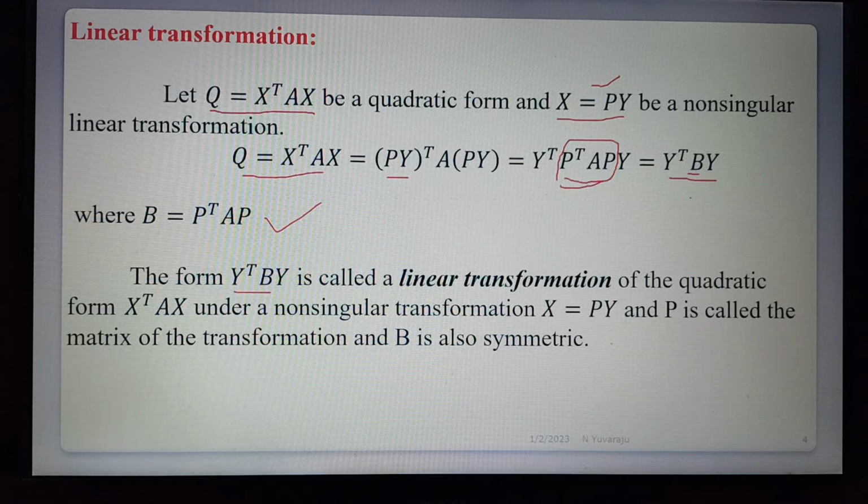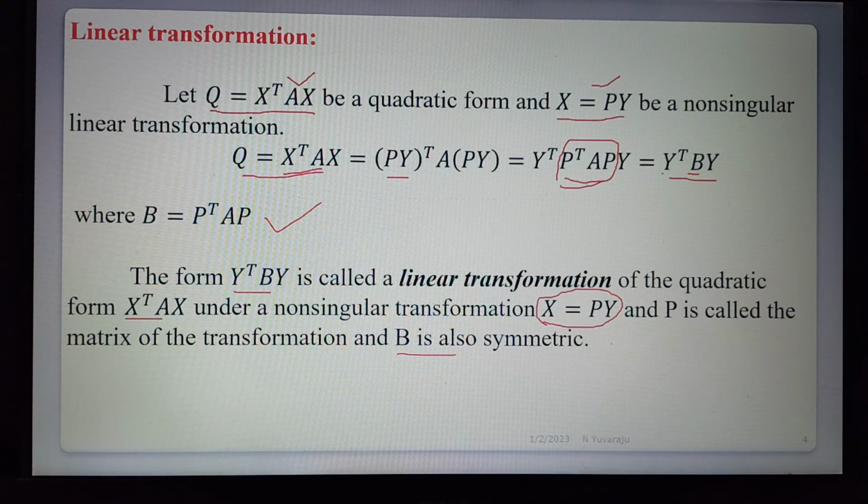Y transpose BY is called linear transformation of the given quadratic form X transpose AX under a non-singular transformation. This is also X is equal to PY is one of the non-singular transformation. Under mapping this one, the given quadratic form is linear transformation and B is also symmetric. ఇక్కడ A is symmetric కదా, అంటే దీని ప్లేస్లో న్యూ వేరియబుల్ తీసుకున్నాం అంతే. సేమ్ బోత్ ఆర్ సేమ్ ఉంటుంది.